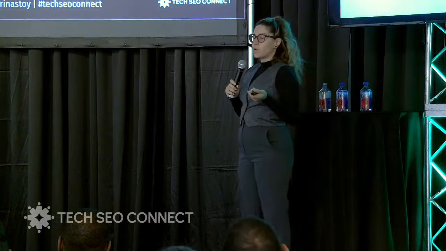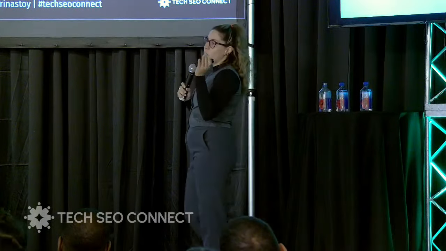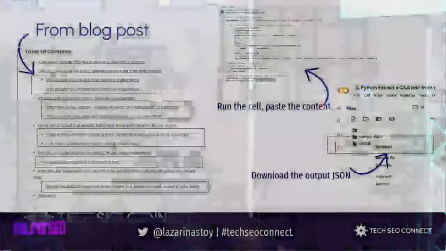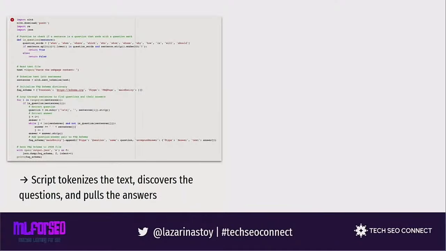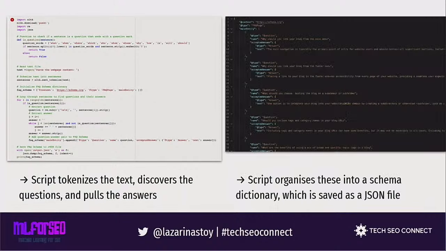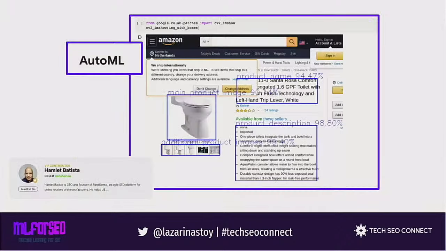So from a blog post, for instance, if you see question marks in your headings, and headings that are titled the way that FAQs would be titled, then you can run the cell, paste the output. The script is going to tokenize everything, and it's going to give you structured data in an FAQ format, right? Easy. For more complex websites, you can use something like AutoML.